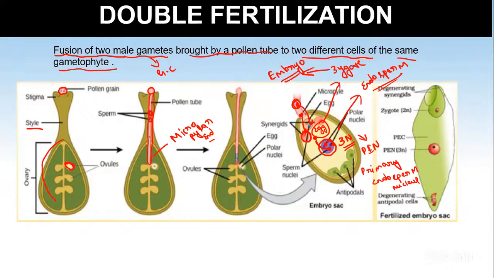You have to remember which develops first. The endosperm is developed first, then the embryo. Did you understand this, guys? The endosperm develops first, then the embryo. The embryo develops from the zygote. The zygote is 2n, right? It is going to develop into the embryo.